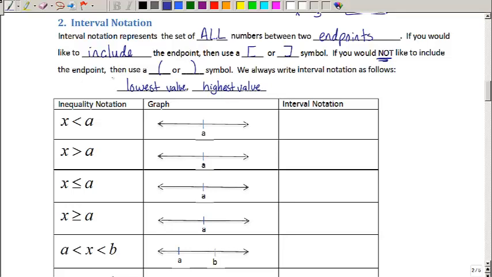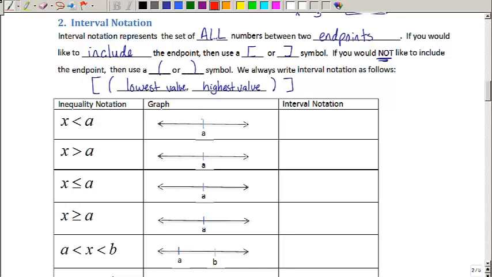Use your parentheses or bracket before to denote if you're including the lowest endpoint, and use a parentheses or bracket after if you're going to include or not include your highest value or your highest endpoint. Let's take a look at some examples. For the inequality notation, x is less than a. X can be any value as long as it is less than a.